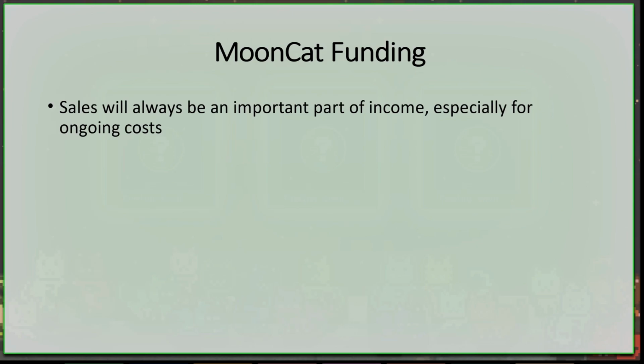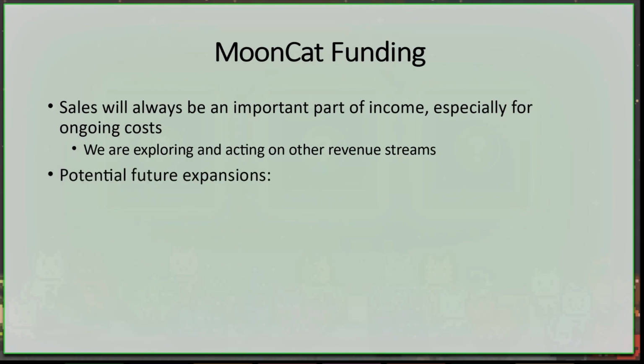We also want to take a look at MoonCat funding in general. Sales are always going to be an important part of income, especially for those ongoing costs. That being said, like a lot of projects in the bear market, we are exploring and acting on other revenue streams.